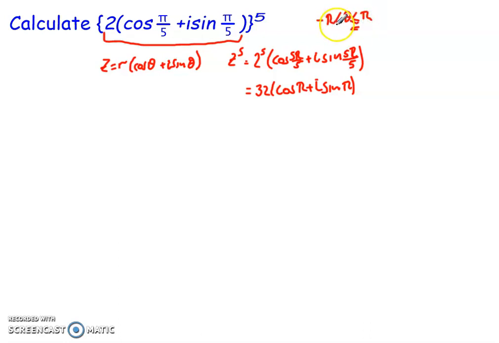It doesn't include the negative pi, remember, but it includes the pi. So this here is fine. We can fire this in the calculator, do it off the top of our heads, whichever you fancy. Sin pi is 0, cos pi is negative 1, so that ends up essentially giving you negative 32. So there you go.